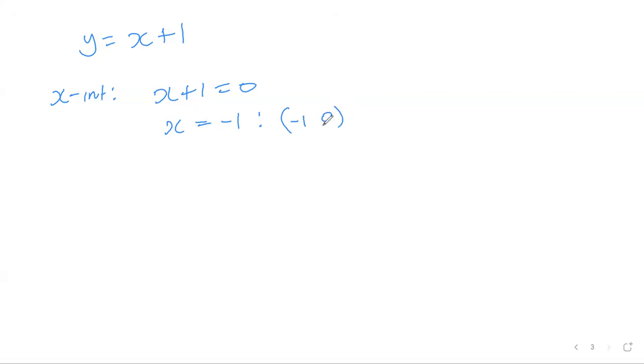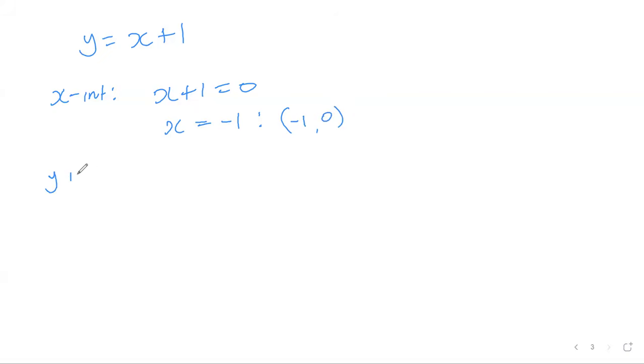2.5. So for instance, given y equals x plus 1, all right? So the x-intercept is obtained by setting y to 0 and getting x to be minus 1. So it's the point minus 1, 0.